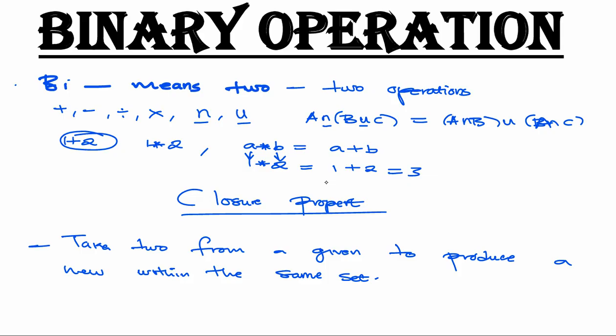This can be written mathematically as, for example, if we know that A and B are members of real numbers, and after taking them into a certain expression, we also get a real number C, which is also a real number, just understand that the closure property has been satisfied.